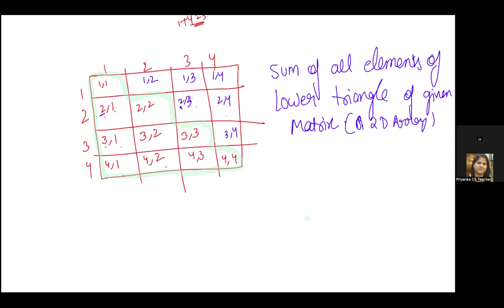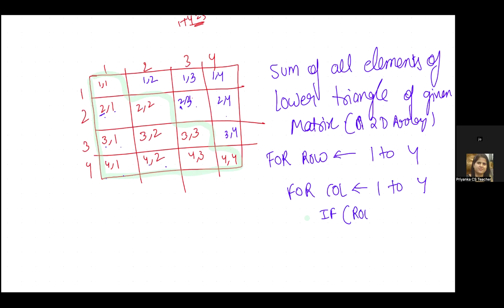So you will run two loops, one for rows, 1 to 4. Inside this, you will run another loop for columns, 1 to 4. Inside this loop, you will check if row is greater than or equal to col, then only you find the sum.